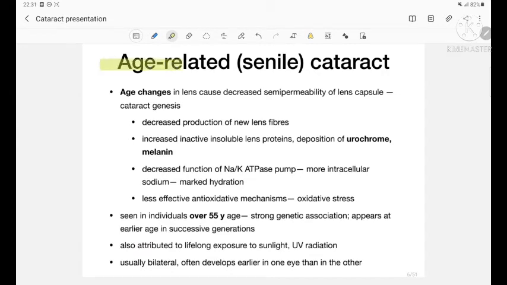Firstly, let us see about the age related, that is the senile cataract. The age changes in the lens cause decreased semi-permeability of the lens capsule, producing the formation of cataract.